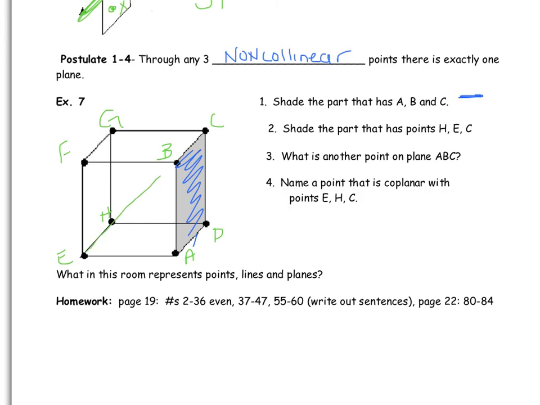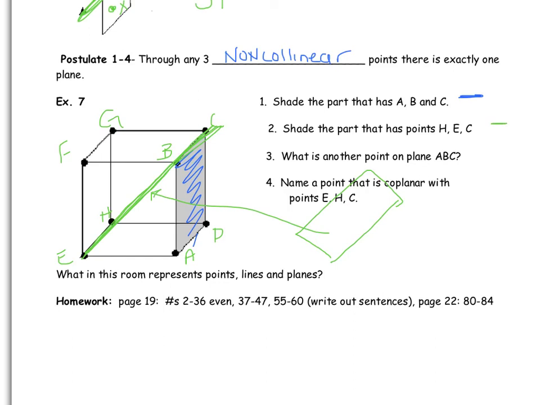If you could imagine cutting diagonally through the box so you have a triangular piece on top and a triangular piece on the bottom, that would be that plane. And if you looked at it sideways, it would be one big rectangle.